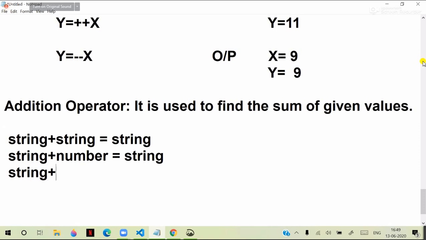String plus boolean also returns a string. Anything with a string returns a string only.